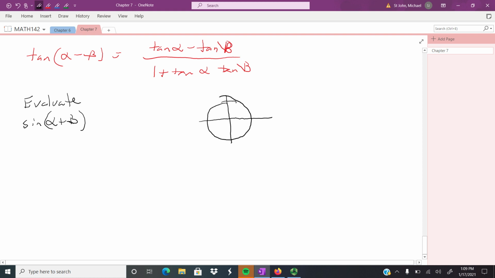So here's my point. The coordinates of this point are given by x comma 1, and this is alpha. And this circle is x squared plus y squared equals 4.